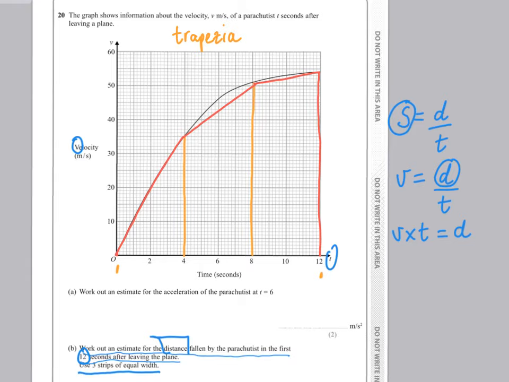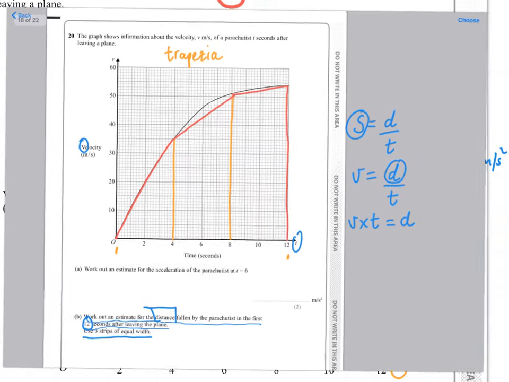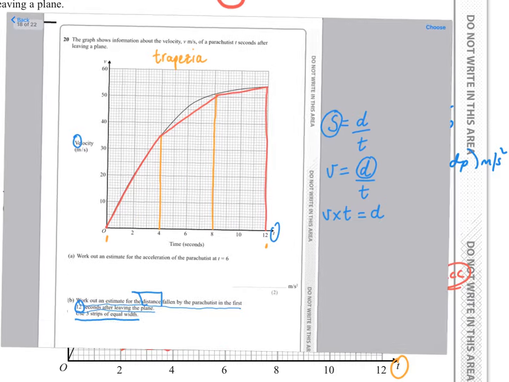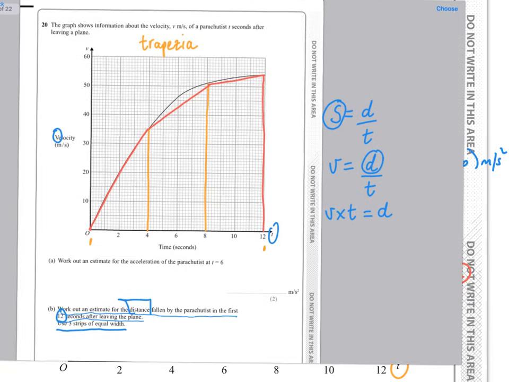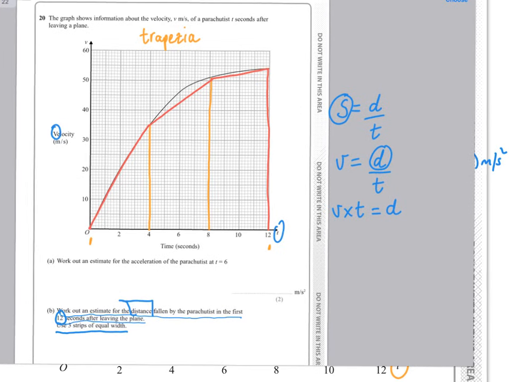So how could we estimate the area from that? Now this has got the old question underneath, so we won't show too much of that. Well, let's have a look. Let's find the area of the middle one, because you should know how to find the area of a trapezium. You need a common height here, and because we had 3 strips, we split them into 4s, so the common height for each of these is 4.